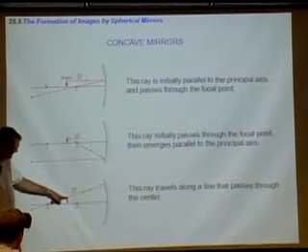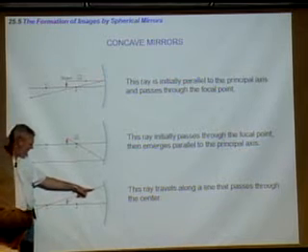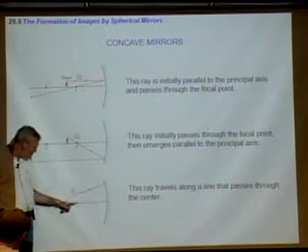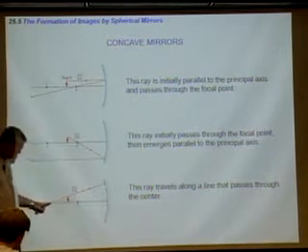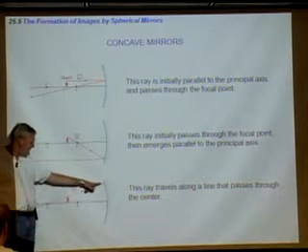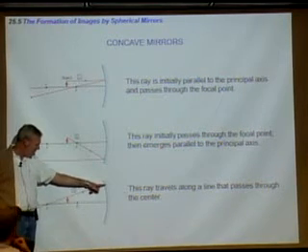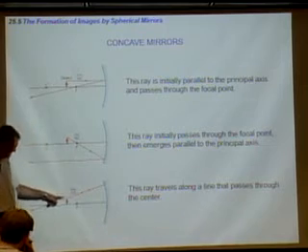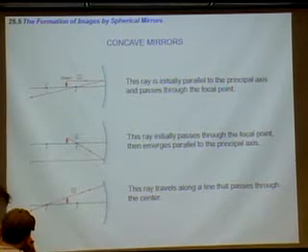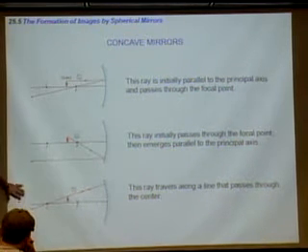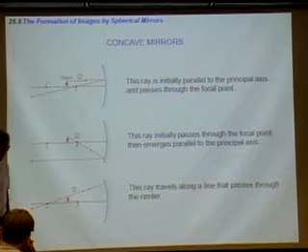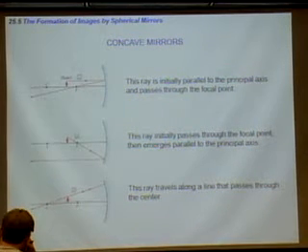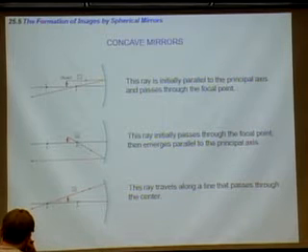Now, this ray right here, since it is parallel to the radius of curvature, the angle of reflection is going to come right back this way. When I put all 3 of those ray diagrams together, you only need 2, really, to find out where your image is going to be.